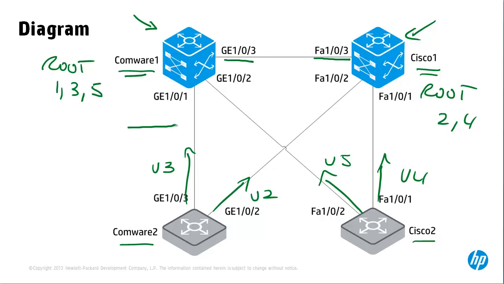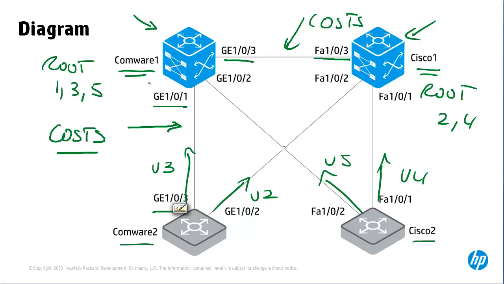That means that the link speed will be greater between the 2 Comware switches than between the Cisco and Comware switch. That will affect the costs associated with spanning tree. So we are going to increase the cost of this port in the demonstration for optimal spanning tree configuration.